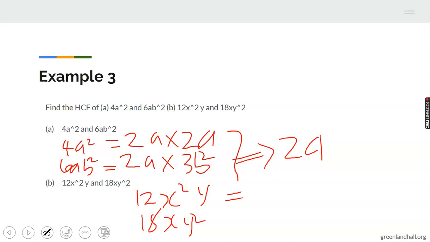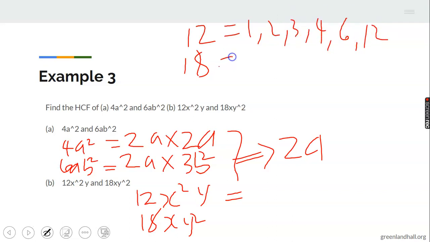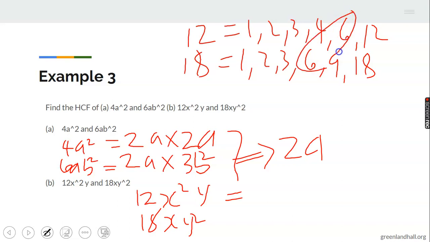Between 12 and 18, factors of 12 are 1, 2, 3, 4, 6, and 12. Then we have 1, 2, 3, 6, 9, and 18. So which one is common? 1, 2, 3, 6 is common. But which one is the highest? 6 is the highest.